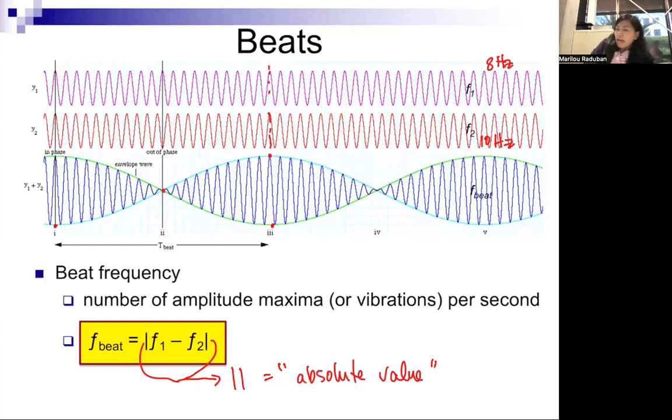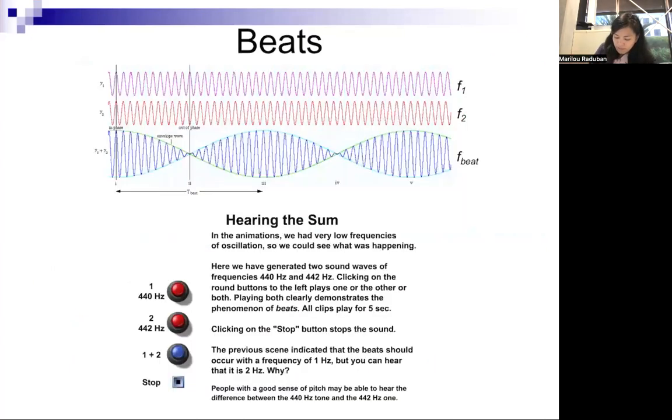Okay, a practical example of the beat frequency can be demonstrated here. For you to form beats, you should have two waves with slightly different frequencies. So let's say you have a wave whose frequency is 440 Hertz and another wave whose frequency is 442 Hertz. In the next lecture, when we learn about sound, you will learn that the frequency of a wave is related to the pitch of sound.